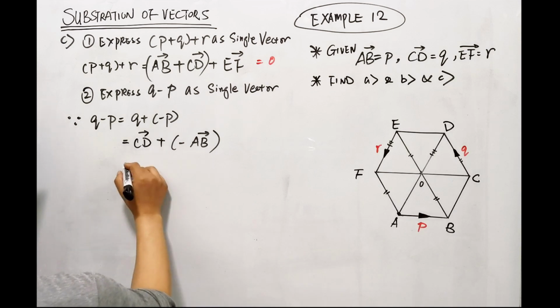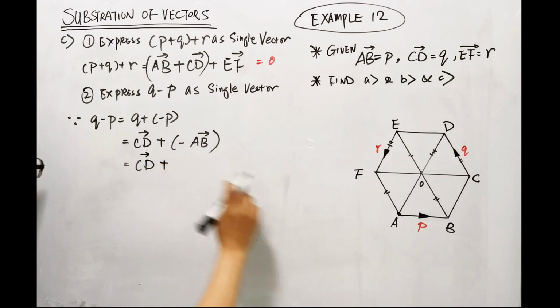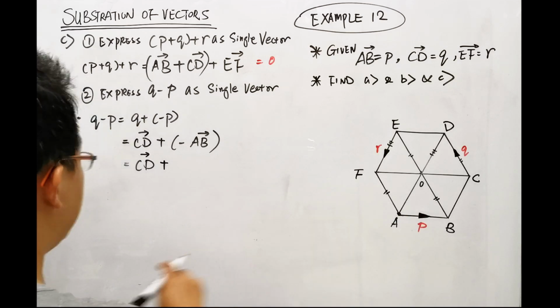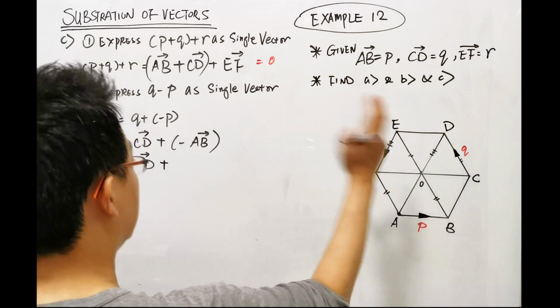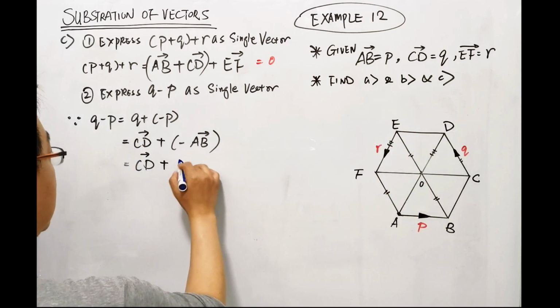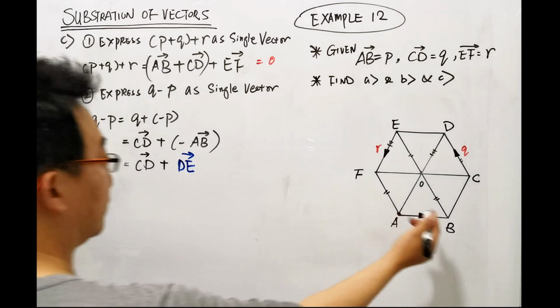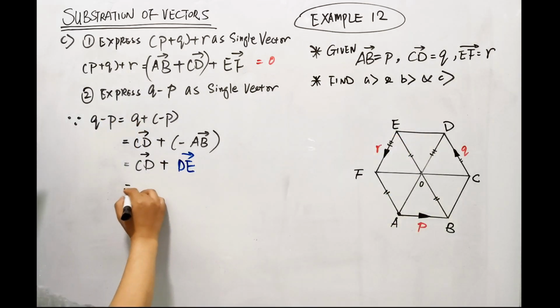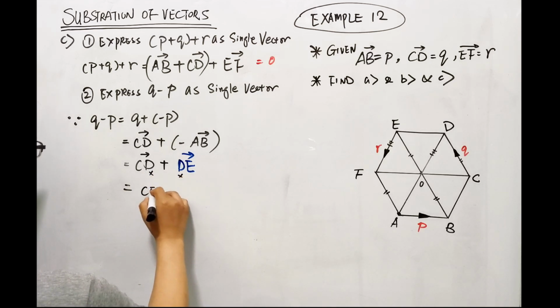So now it's important. CD plus minus AB, and minus AB becomes DE, right? From here we use the same triangle and cancel out the D, and it becomes CE.